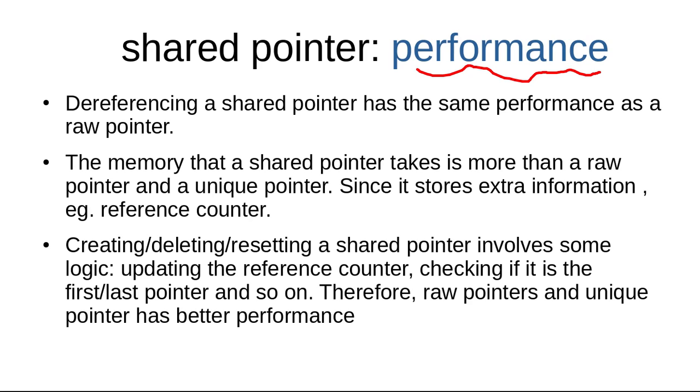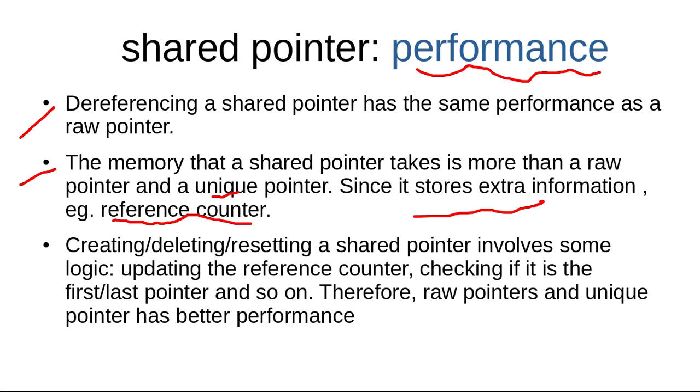Performance. Dereferencing a shared pointer has the same performance as a raw pointer. The memory that a shared pointer takes is more than a raw pointer and a unique pointer, since it stores extra information like a reference counter.